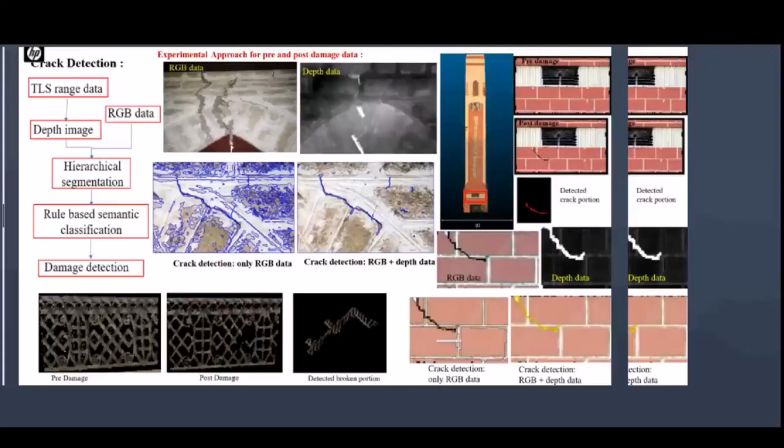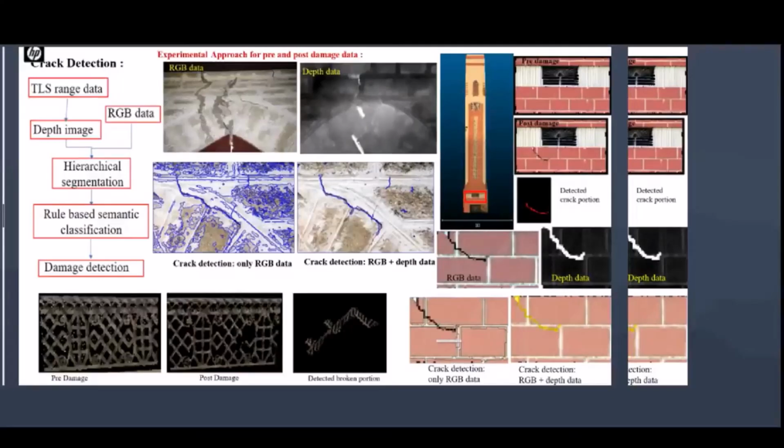So what we tried to do is we used the RGB image, that is the normal photograph, and we did crack detection using automated methods. These are all automated methods. So we did crack detection only using the photograph. What we found is that the crack was getting detected, but along with the crack, lots of other features were also getting highlighted.